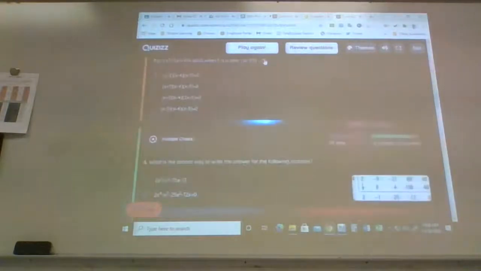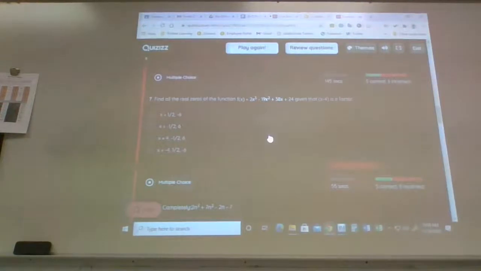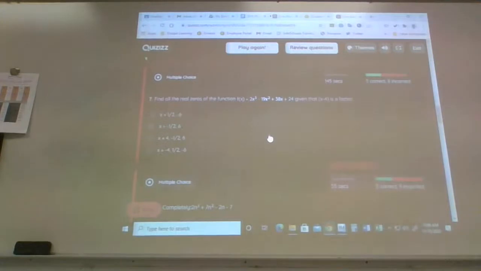Let's jump down to, where is it? Number 7. Excellent. So I'm going to write down some information for number 7. Number 7 says that your f of x is 2x cubed minus 19x squared plus 38x plus 24, and given x minus 4 is a factor, they want you to find all the real zeros.